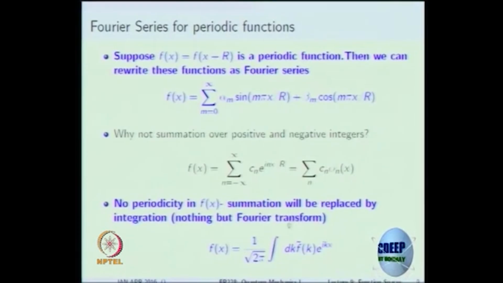In this course, let's follow this convention that we put a 1 over root 2 pi for both the Fourier transform and the inverse Fourier transform. Everything is correct as long as you don't follow one convention halfway and another convention the other half. If you follow one convention throughout, you will get the correct answers.